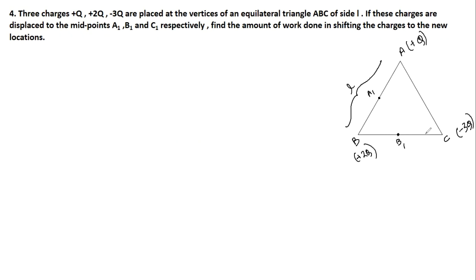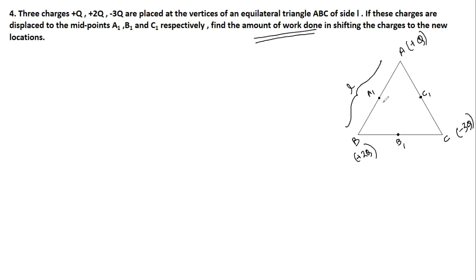B1 is again the midpoint of BC, and you have taken the charge minus 3Q and brought it to point C1, because C1 is the midpoint of AC. That means you have changed the position of these three charges. And how much amount of work is done in shifting these charges?